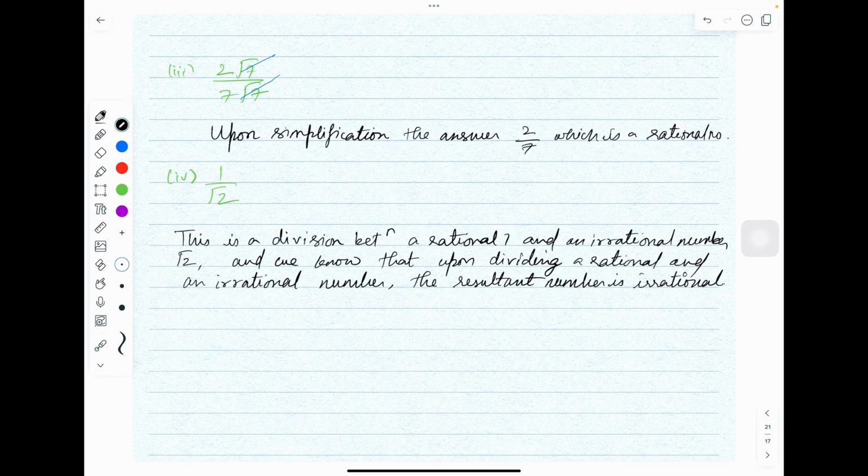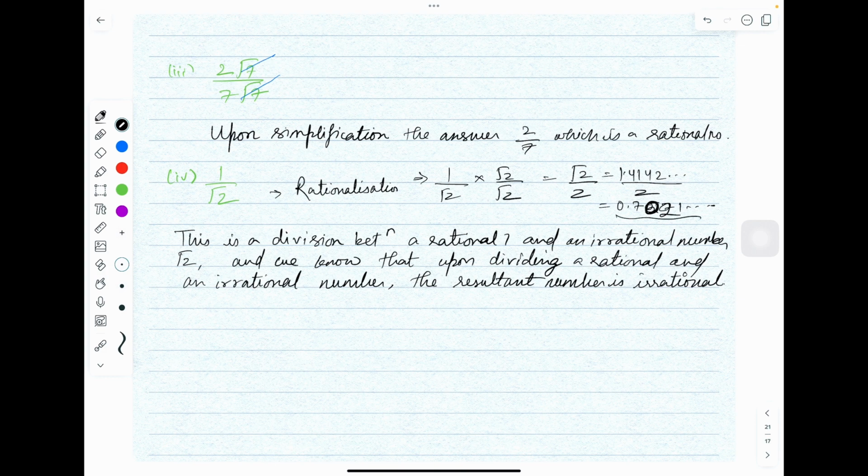Like, see, if I do rationalization also, this is 1 by root 2 into root 2 by root 2. So this will become root 2 by 2. Root 2 we know is 1.4142 and so on, by 2. So this will become 0.70 something like this.